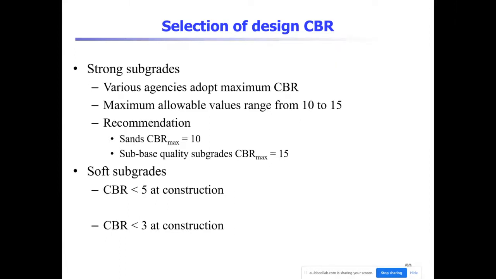But how about the case that we are dealing with soft subgrade? This is for a case that CBR is less than 5. Generally, when CBR is less than 5, we have some problems and challenges regarding the construction. So because of that, we need to somehow improve the soil.